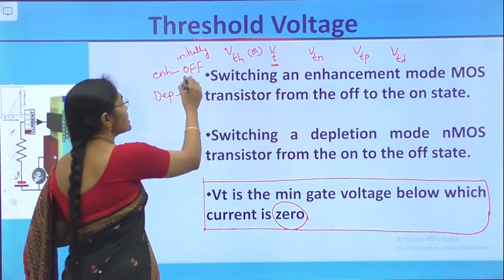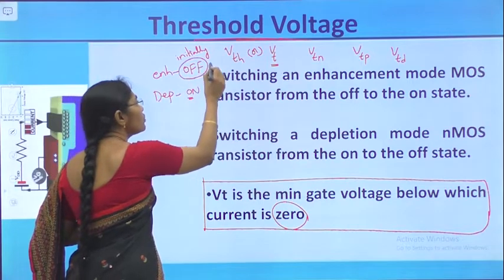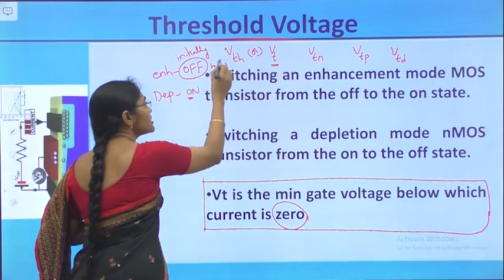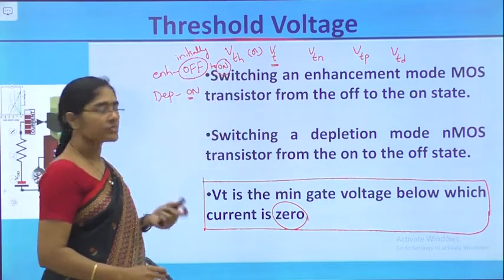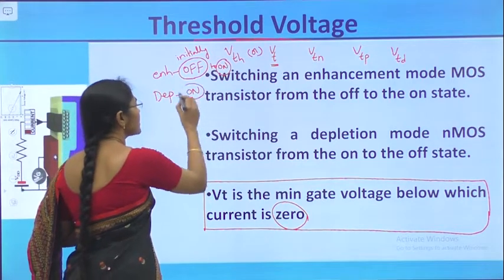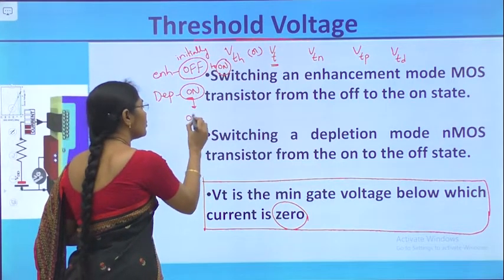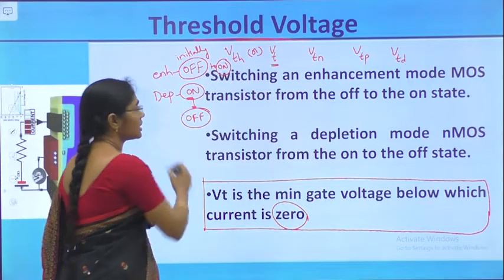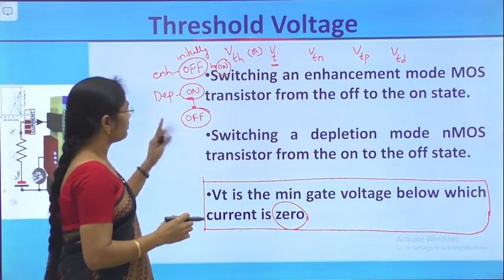To make an enhancement transistor go from off to on, some voltage is required, and that is called VT. And to make a depletion transistor go from on to off, some voltage is required, that is called the minimum VT.